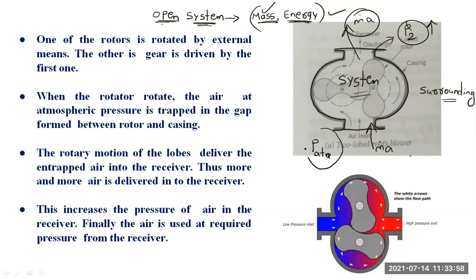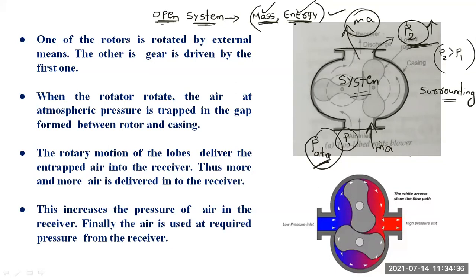So pressure energy will also transfer, from low atmospheric energy to higher compressed energy. Pressure is nothing but a form of energy, pressure energy. So both mass transfer takes place, air will enter and air will come out, and the pressure will be some P1 at the inlet and P2 at the outlet, and of course P2 will be greater than P1. So pressure energy transfer will also take place between system and surroundings.